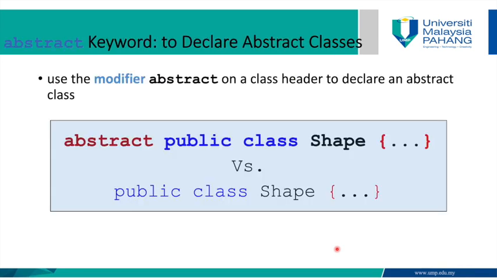So when you want to declare an abstract class, you have to use the abstract keyword. So for example here, if you want to make this Shape class into an abstract class, you simply need to add the abstract keyword, which is abstract public class Shape.